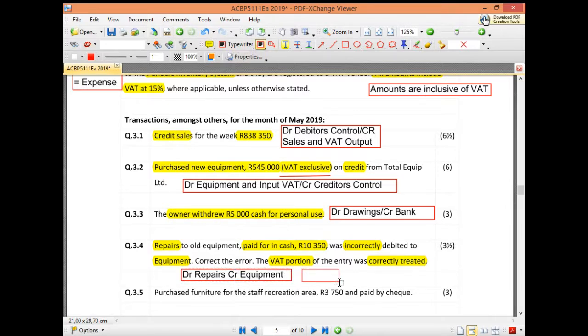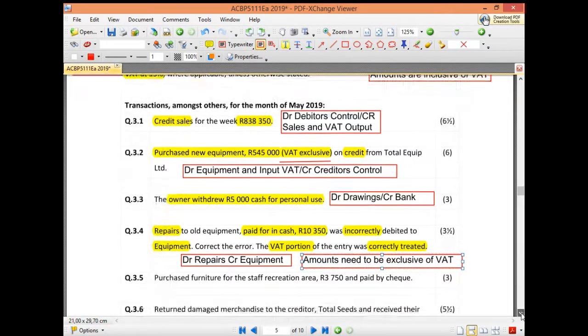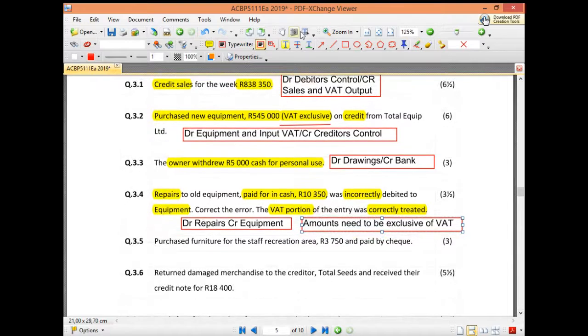But what we need to remember is that these amounts need to be exclusive of VAT, because the VAT would have been initially removed from that amount. Okay, so that's what you had to see there.